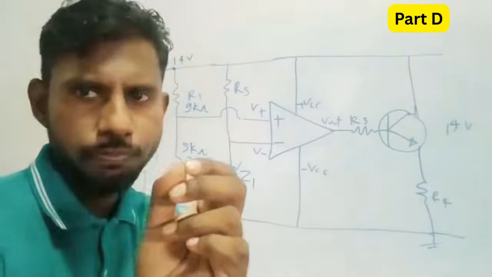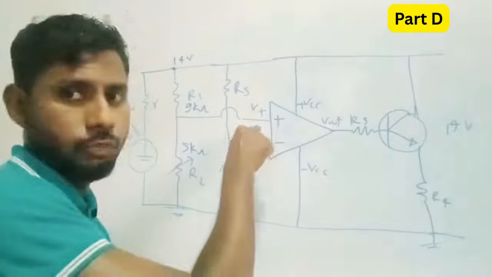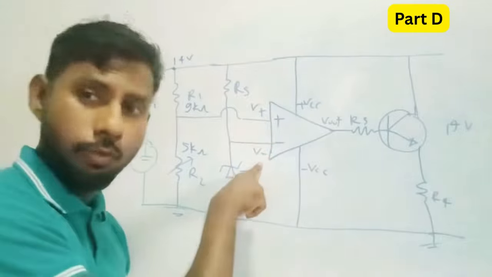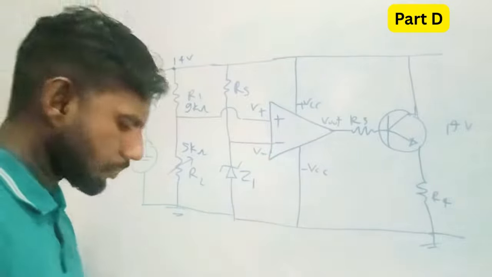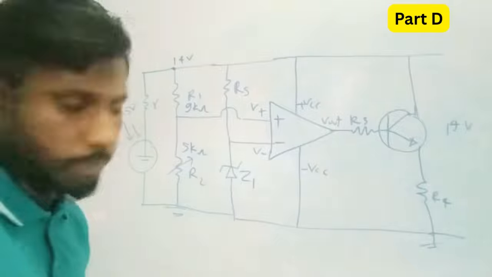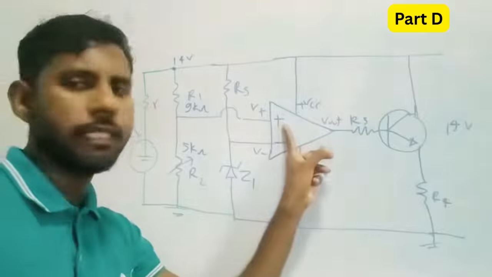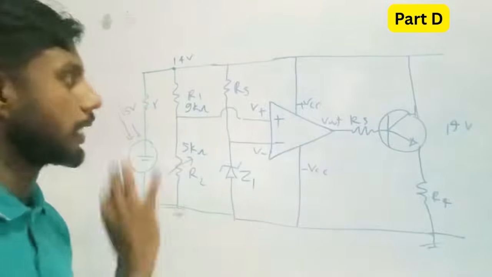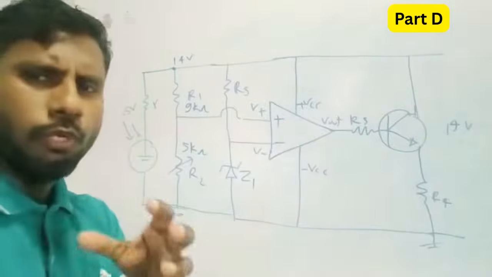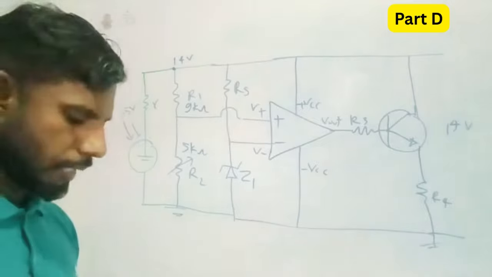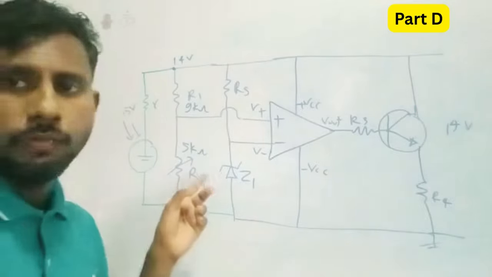So the output from the operational amplifier must be a positive value. So here the non-inverting input potential should be greater than the inverting input potential. By using the given values, we can find the potential at the positive terminal. Students, when you are doing this question, you can use the voltage divider method.